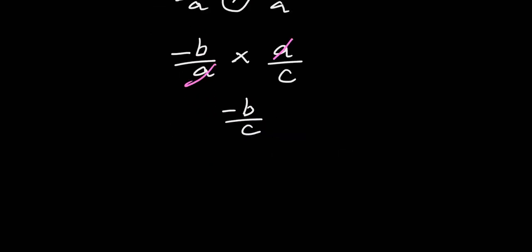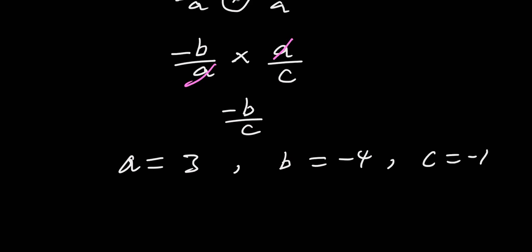And from the question, we have that a is equal to 3, b is equal to negative 4, and c is equal to negative 1. So this becomes negative 4 over negative 1.